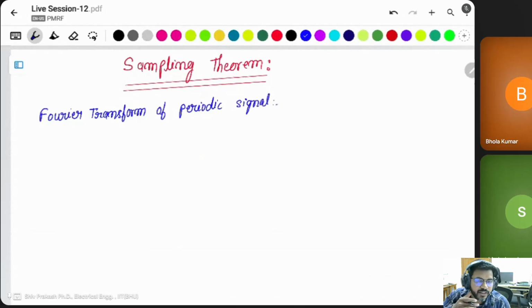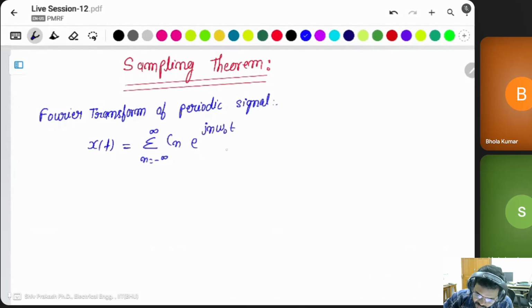You know about the Fourier series. Fourier series is the analysis of any periodic signal about its order of harmonics. You know the expression of that function in complex exponential Fourier series. It will be a summation of n is equal to minus infinity to plus infinity Cn into e to power of j n omega naught t, where omega naught is the fundamental frequency.